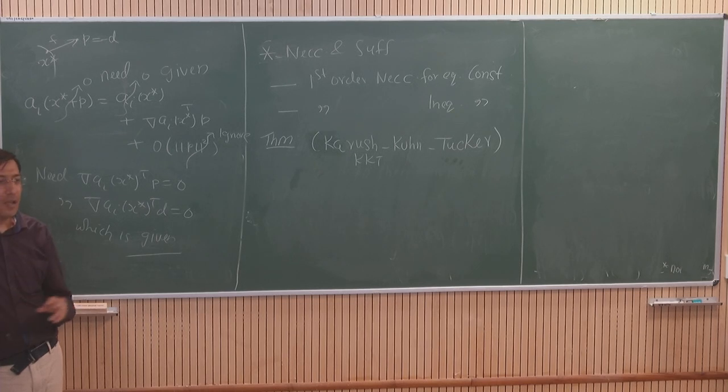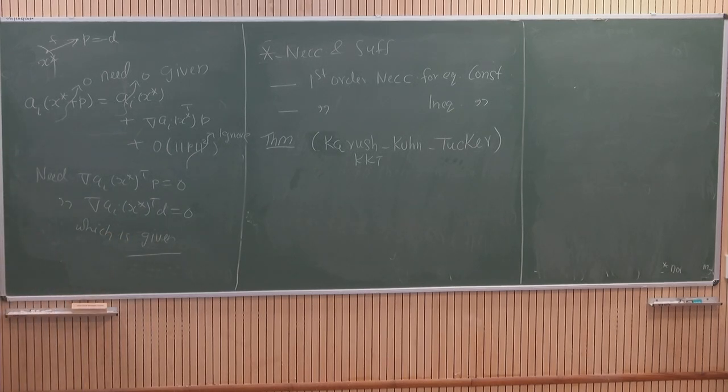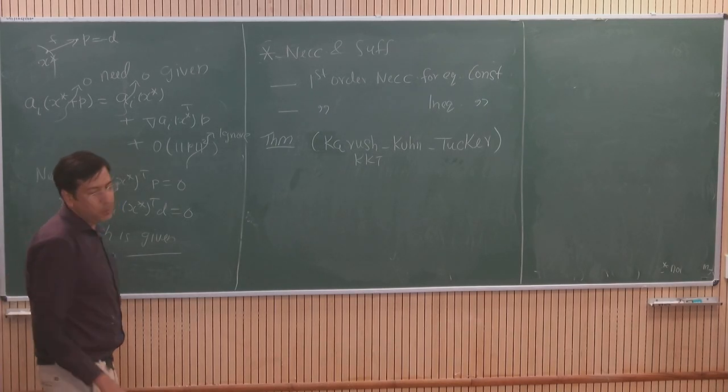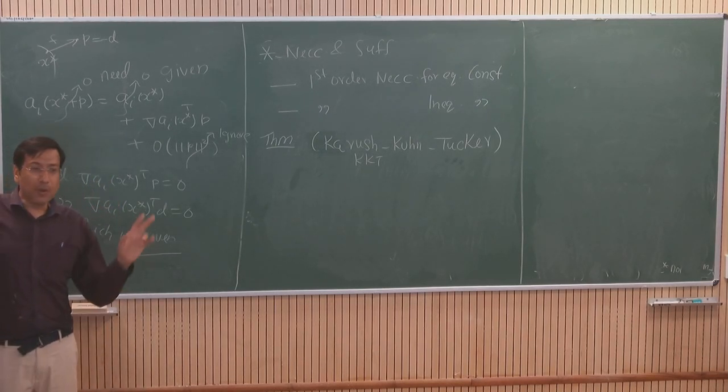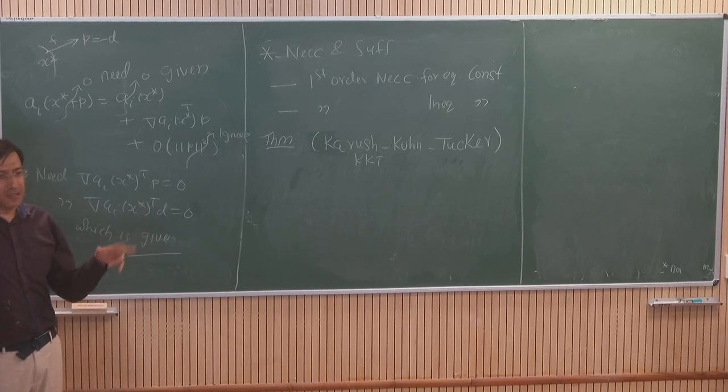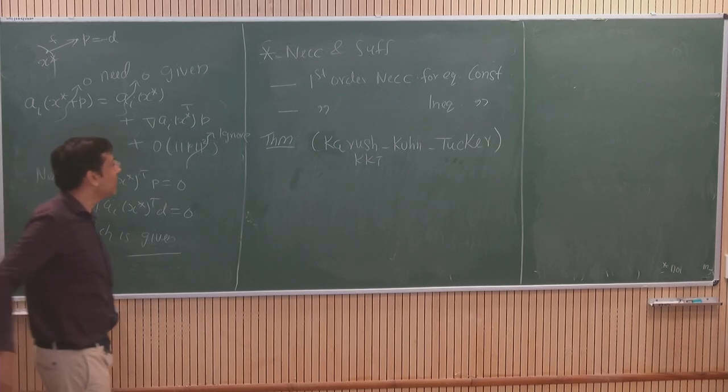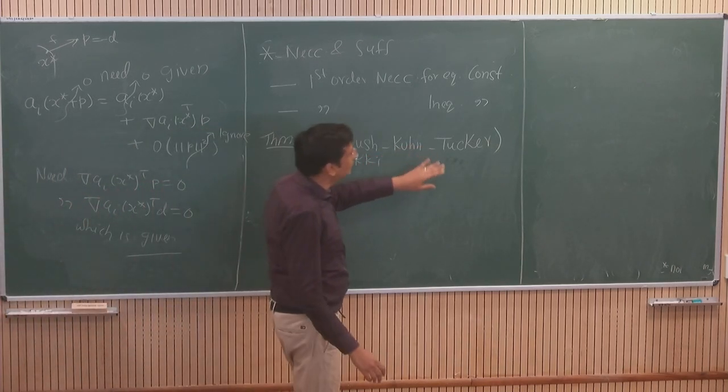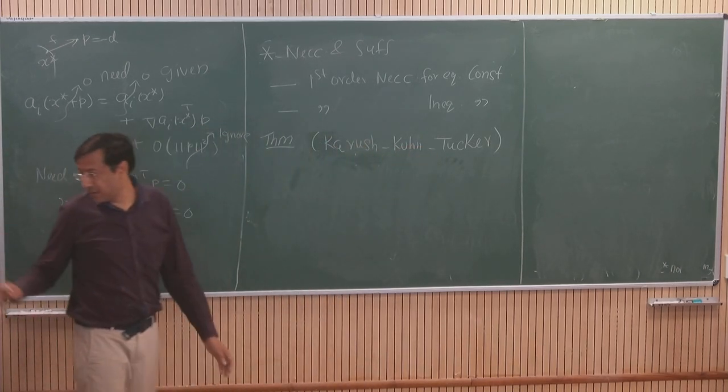Anyways, they did, and they solved one of the open problems in computer science. That's a different story, what that problem is. But now that theorem is referred to as the theorem by 3 Indians. That's very strange. You name them, no? Agarwal, something. So anyways, this is Karush Kuhn Tucker. So that was the side remark on this.